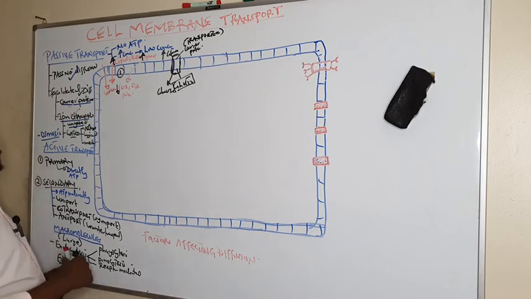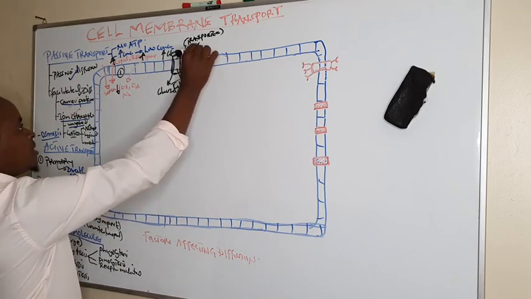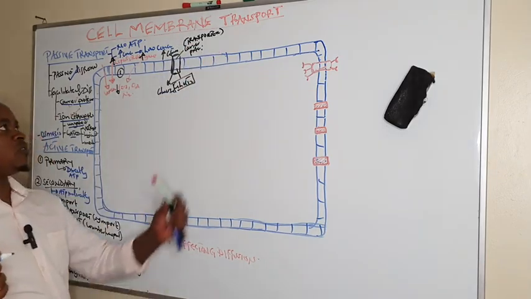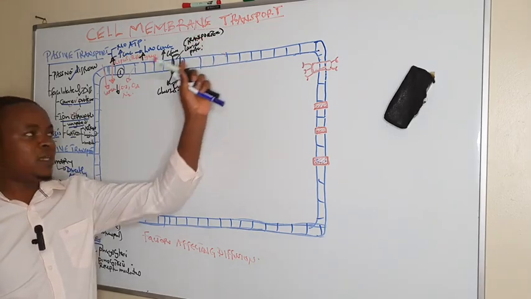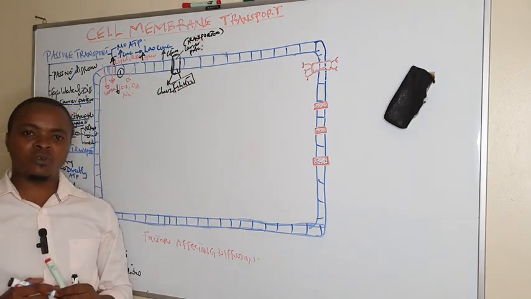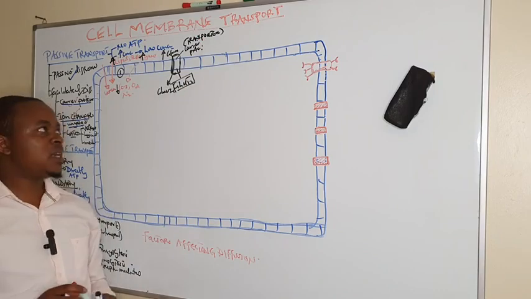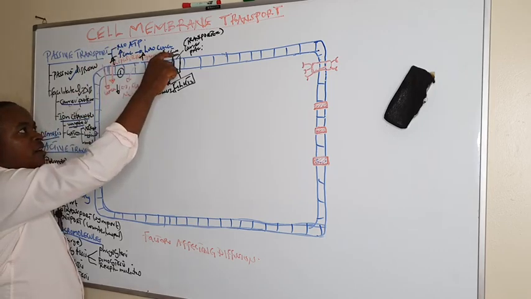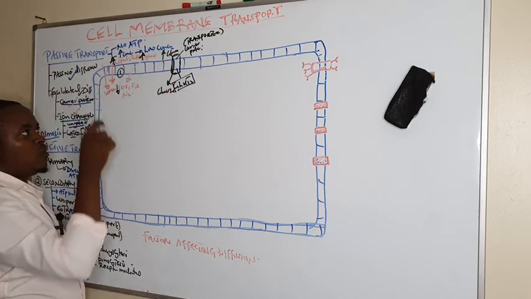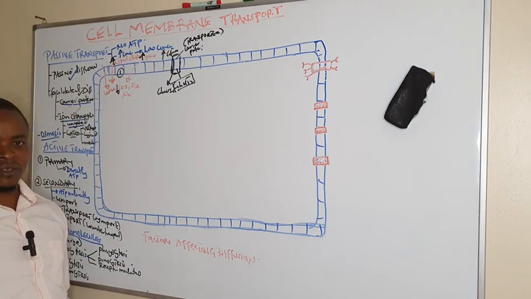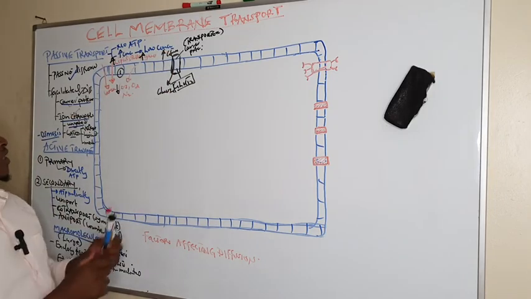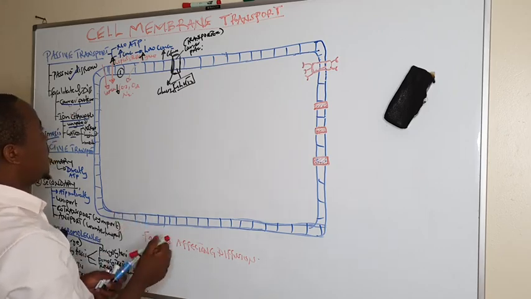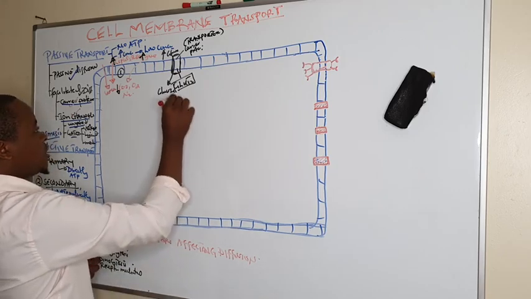So this is facilitated diffusion by carrier proteins, or transporters, like glucose transporters that enable movement of glucose from the region of higher to region of low concentration. So this is mechanism number 2.